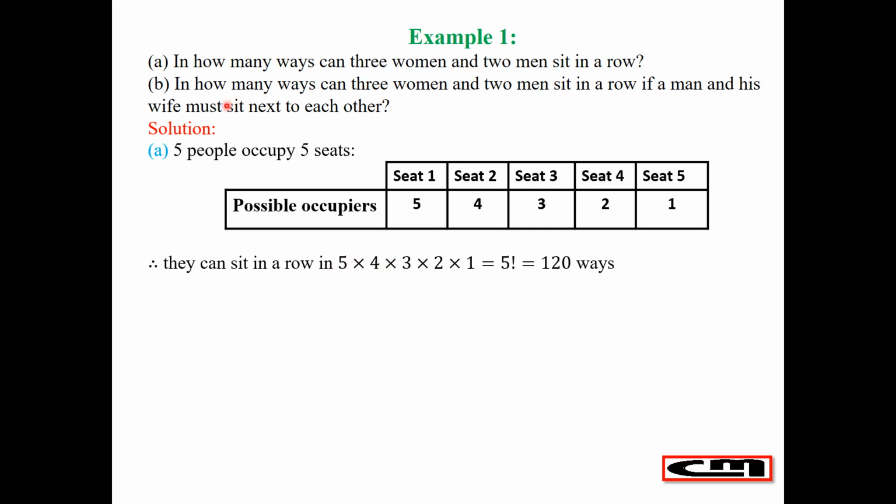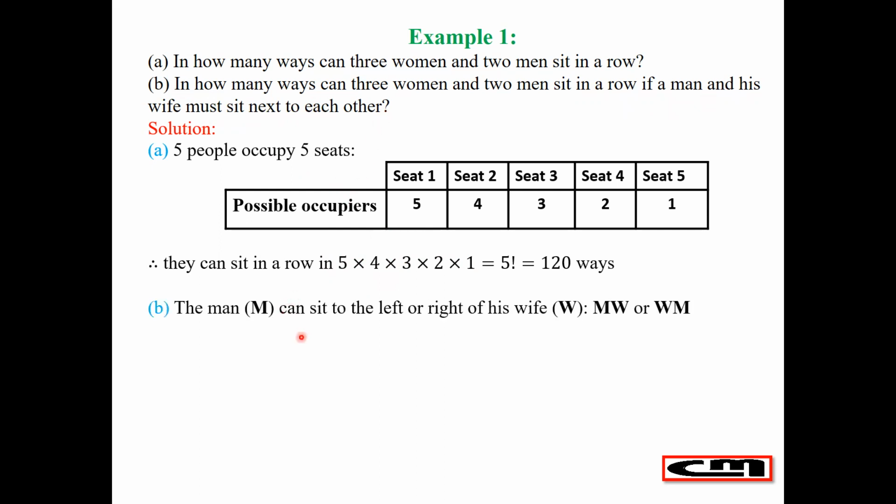Let us now look at number B. We still have 3 women and 2 men, but there is this condition: a man and his wife must sit next to each other.